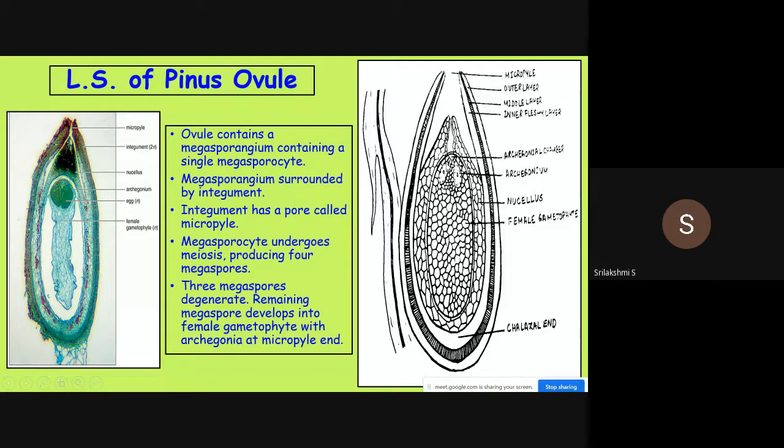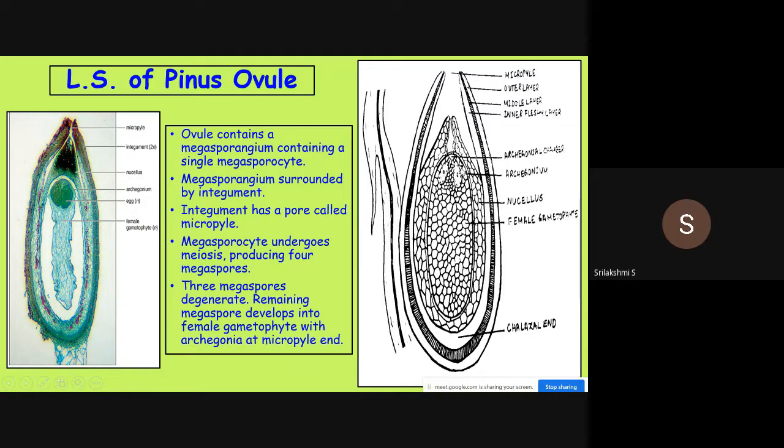By then, the neck cells or the cover cells and the venter-canal cell degenerate and form a slimy layer, which leads to the easy passage of the male gamete into the archegonia. So in the archegonium, the male gamete fuses with the female gamete to form the diploid zygote.